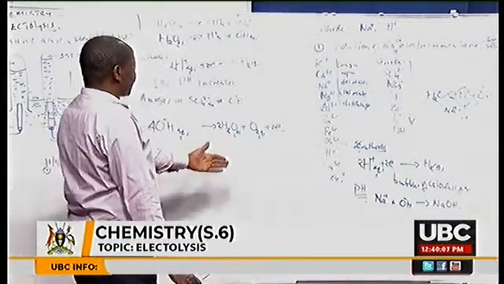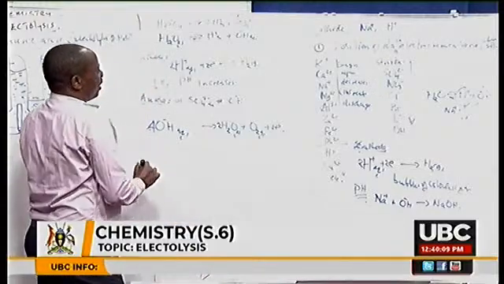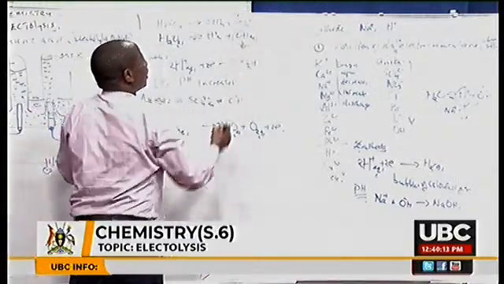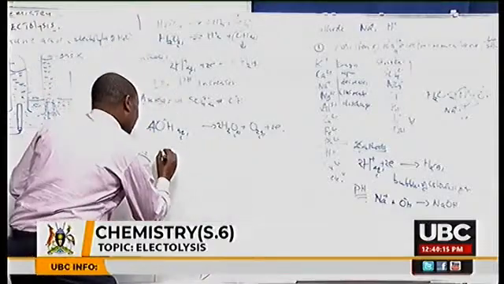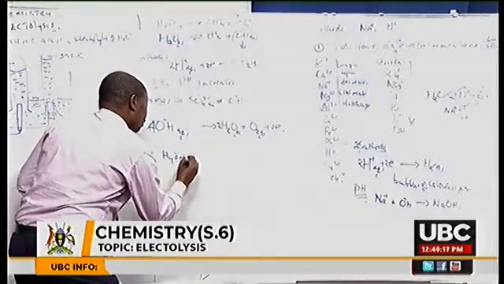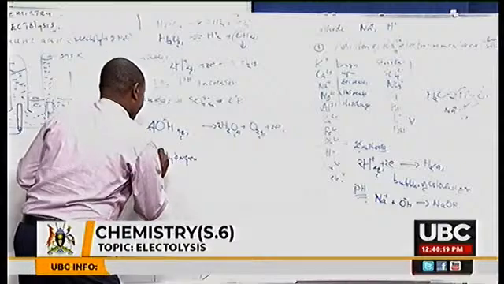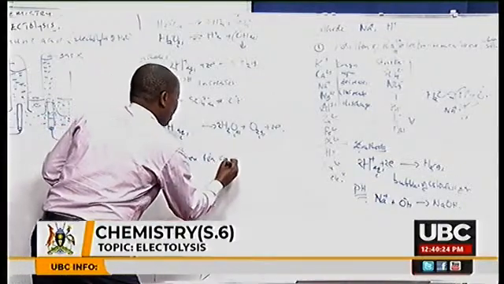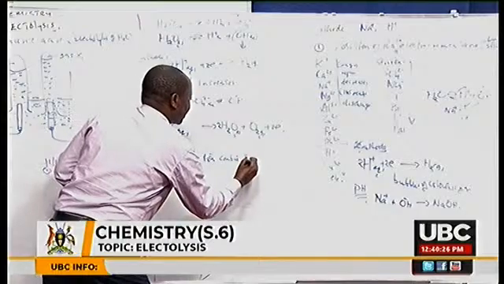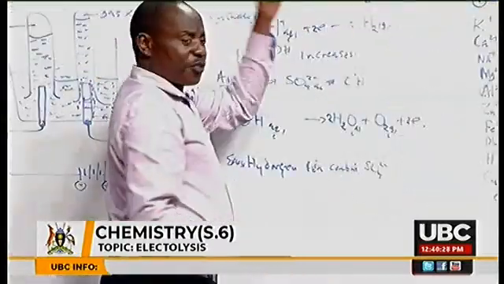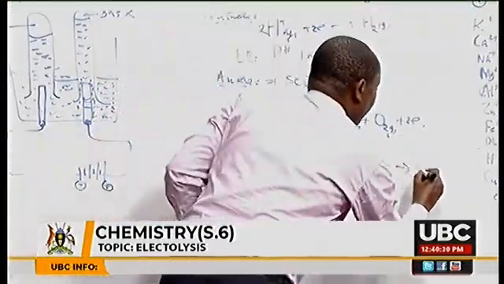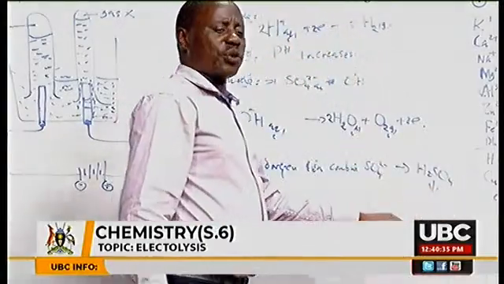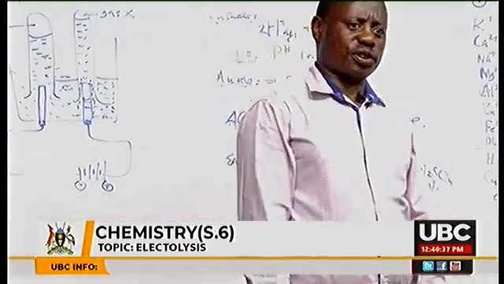So again, the test is the same. The pH here, now here it is hydroxyl ions which are being discharged, which means the excess hydrogen ions remaining combine with what? They combine with sulfate ions, which have failed to discharge, to form sulfuric acid. So sulfuric acid will increase the acidity of the solution.